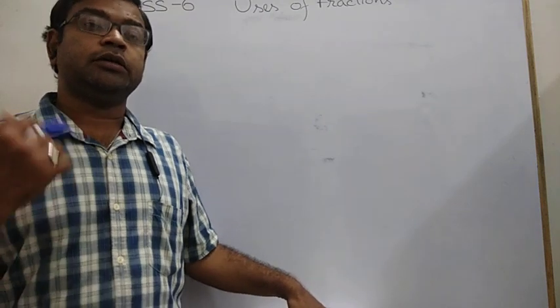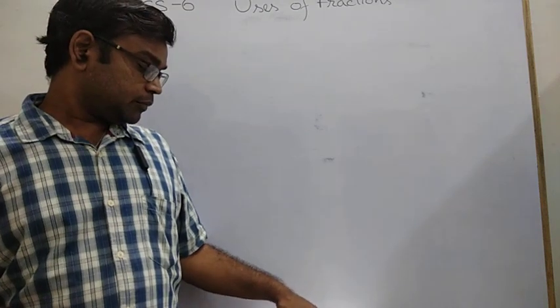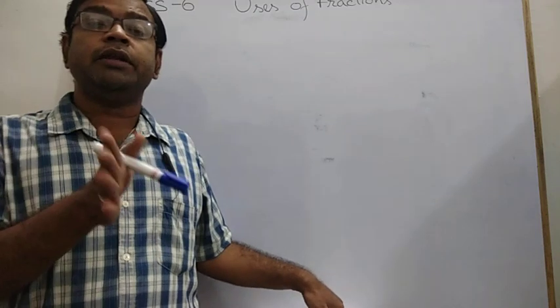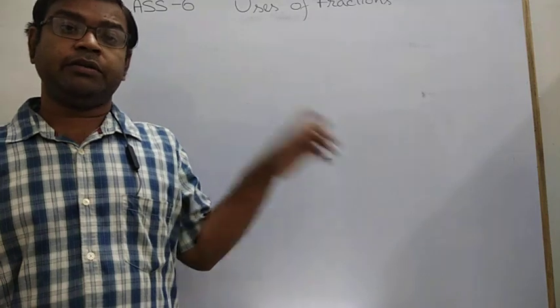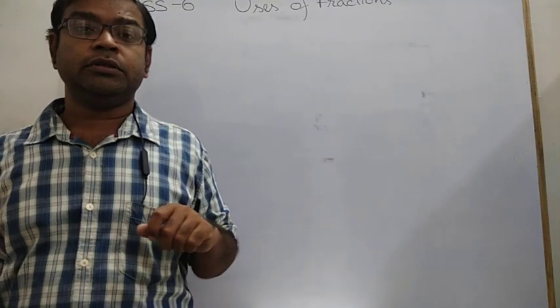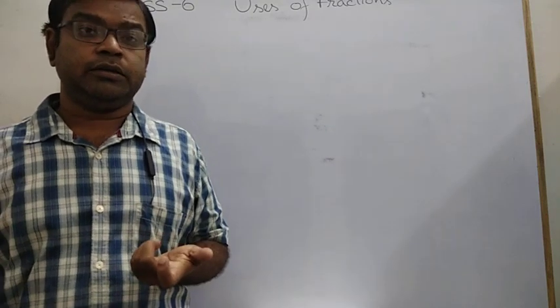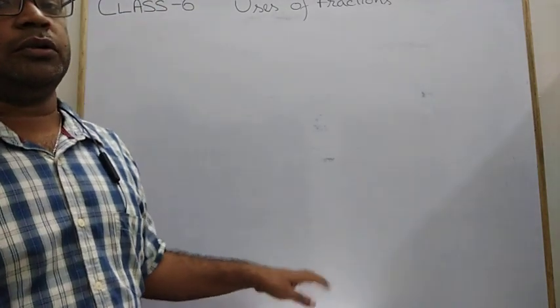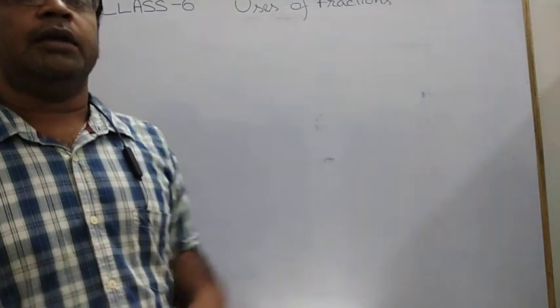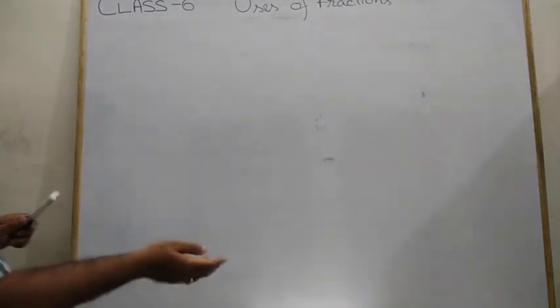The question asks who exercised longer and by how many fractions of an hour. It means compare the fractions of given time and then find out the fraction of an hour. So in this case, you need not convert into whole numbers, you have to compare the fraction parts. So let's start.